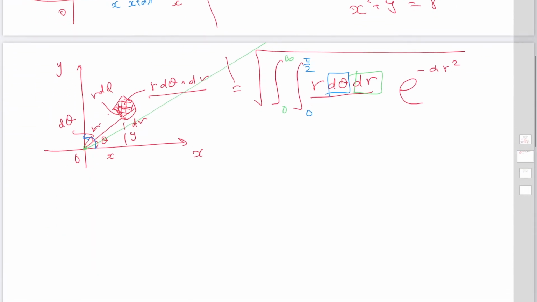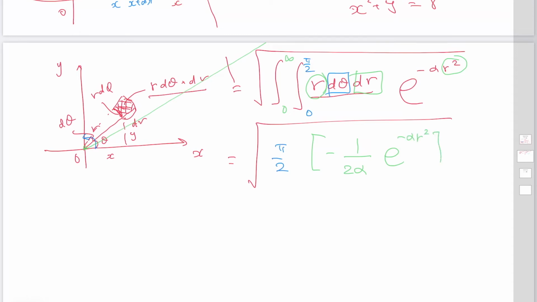Then we could perform this integral. For theta, it just becomes pi over 2. For r, we have r times exponential of minus alpha r squared, so it becomes minus 1 over 2 alpha exponential minus alpha r squared. If you have difficulties, you can find the derivative of this function.